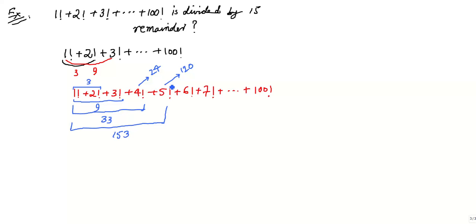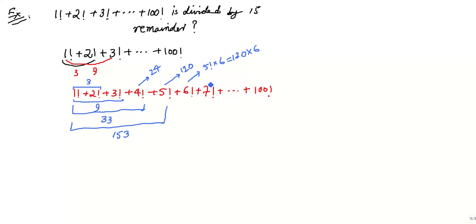Look at 120. 120 is divisible by 15. And what about 6 factorial? 6 factorial is 5 factorial multiplied by 6, and this 5 factorial is 120, so 6 factorial has 120 in it and is divisible by 15. So, the remainder will be 0.